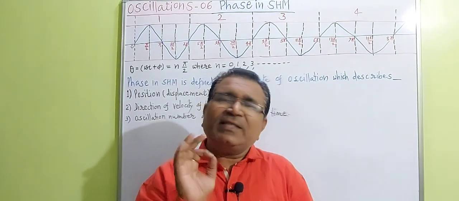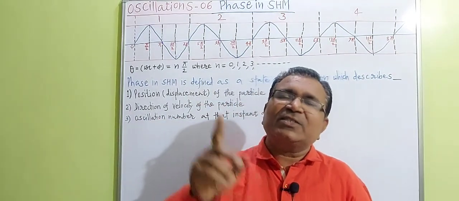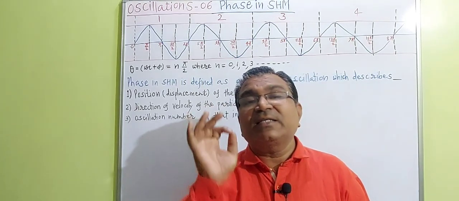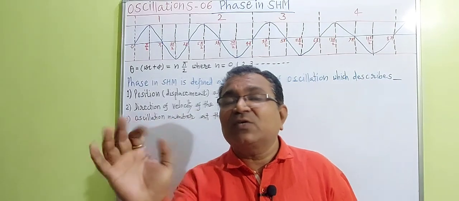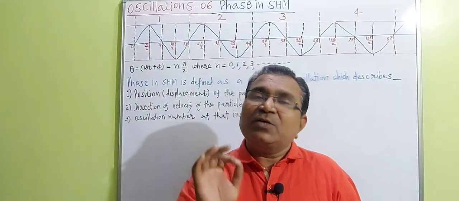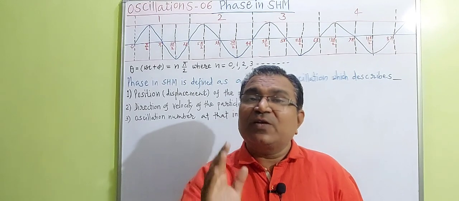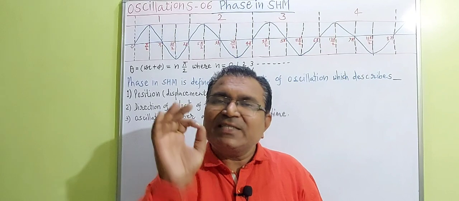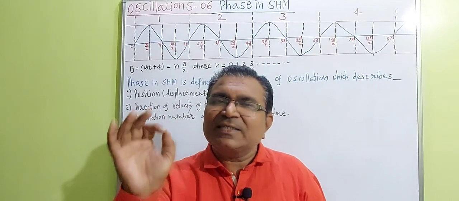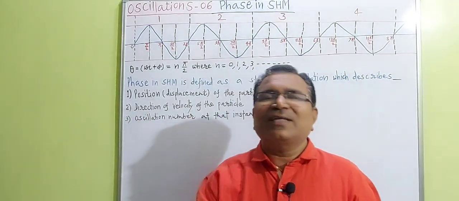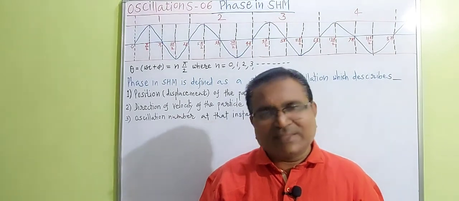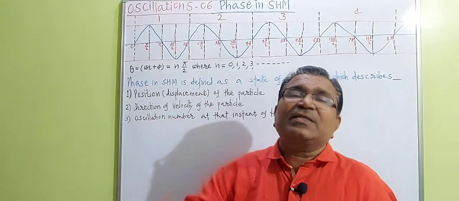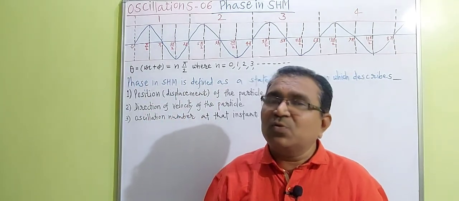So phase in SHM is a state of oscillation which describes, number one, position (displacement) of the particle during oscillation; number two, direction of velocity of the particle; and number three, oscillation number at that instant of time. Okay, I have drawn a graphical representation of oscillation on the board.